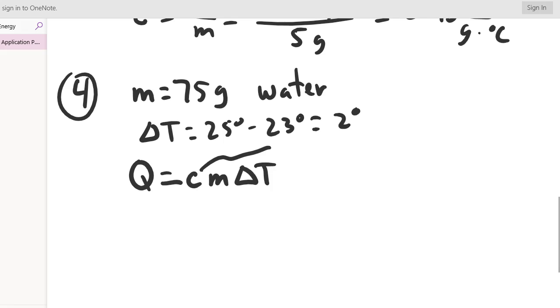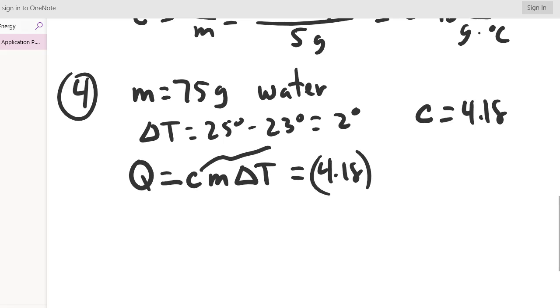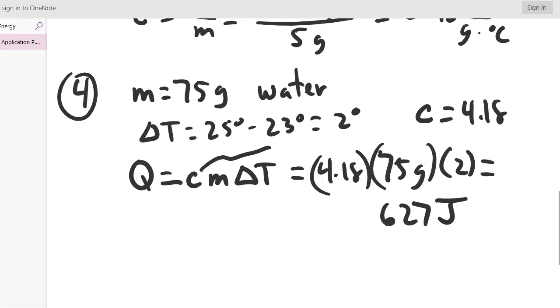For water, we look at our chart. For water, c equals 4.18. So we have 4.18 times the mass of 75 grams, and the change in temperature is 2, and we get 627 joules.